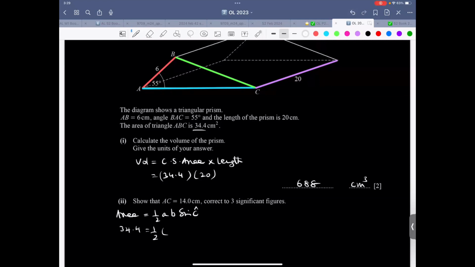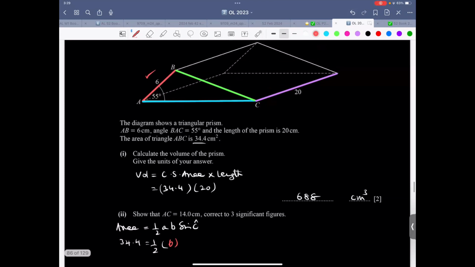One of the sides is the orange side, which is AB, which is 6. That's right over here. And the other side is AC, that is in blue color. And multiplying with sine of C, that is sine of 55 degrees.